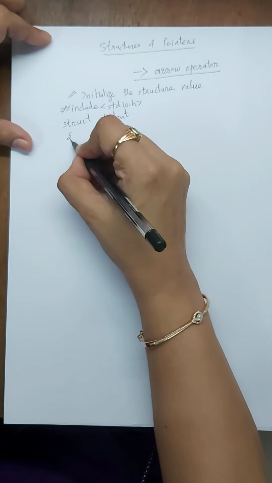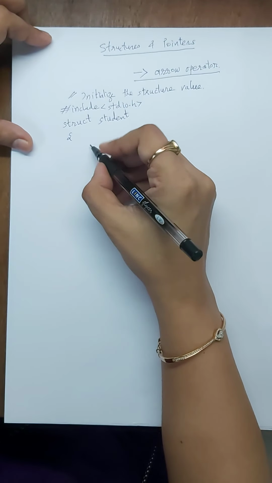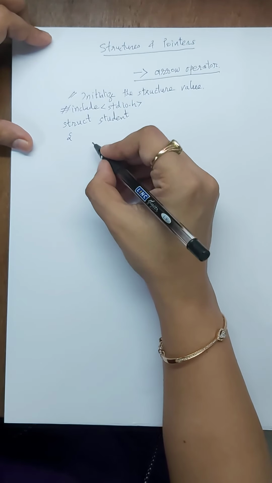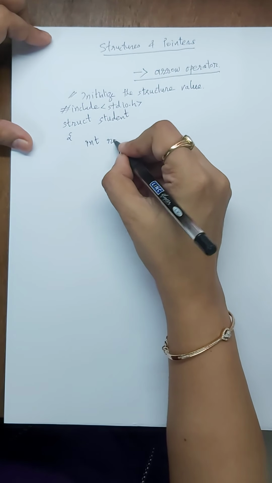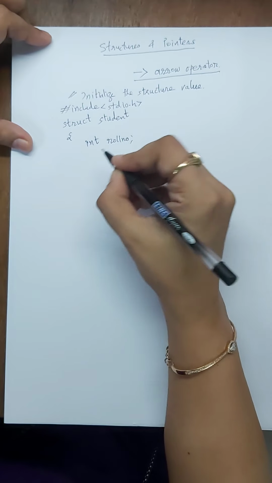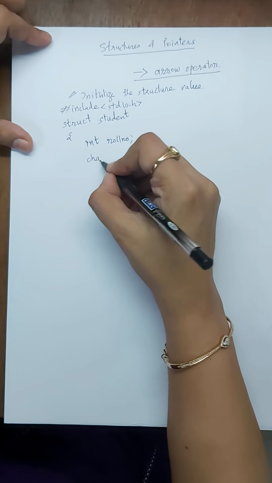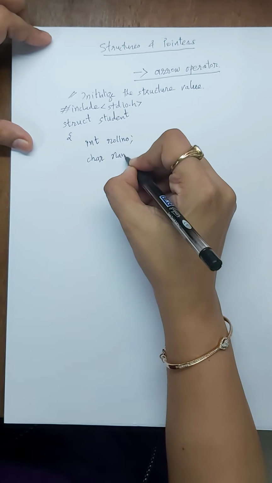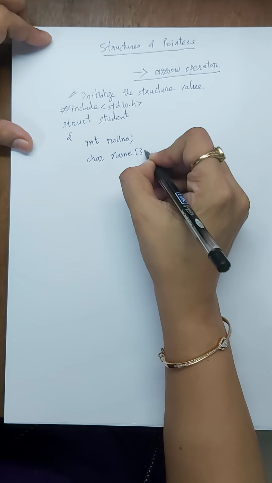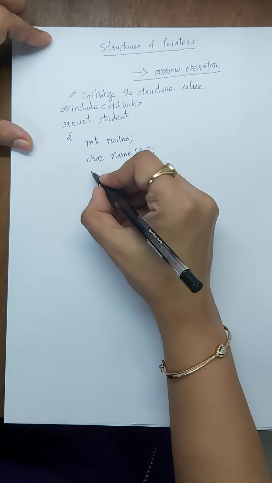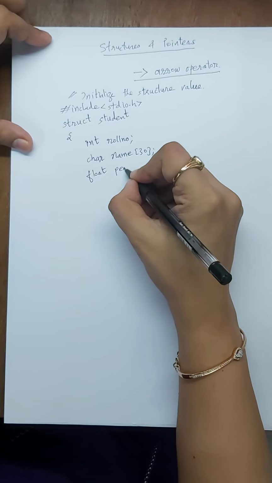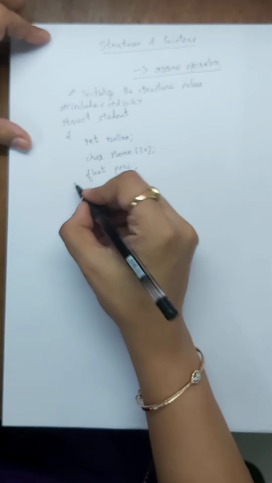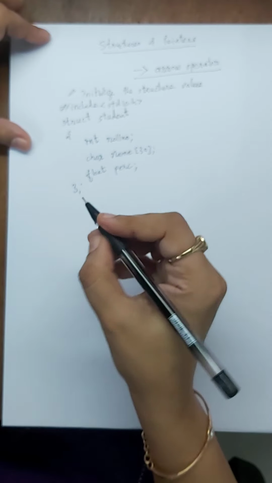In this structure we'll define three variables of three different data types. For example, first one is an integer roll number, then a character name of size 30, then a float percentage. So this is our structure.